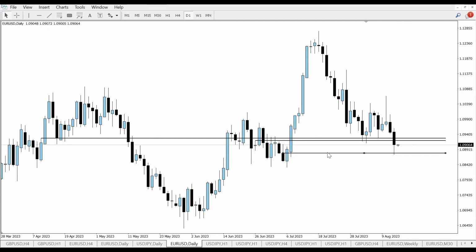All right, and the fair value gap that is available to be used for tomorrow's trading is this fair value gap right here. Because if you go to the left, you can see that there is this fair value gap, which is actually too close to the current opening price.